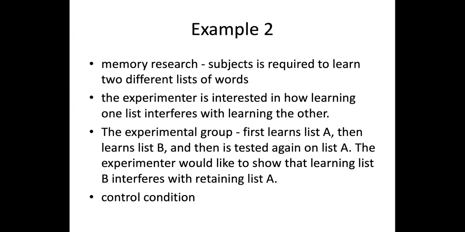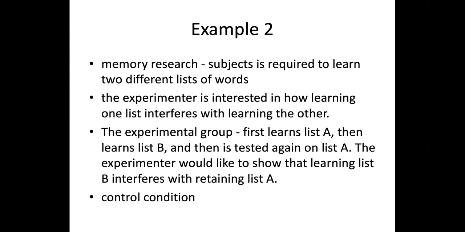The presence of only one list, so not A, B, and just one list. So if we have list A, and then the participants are tested on that list. But yeah, there could be a possible confounding here.